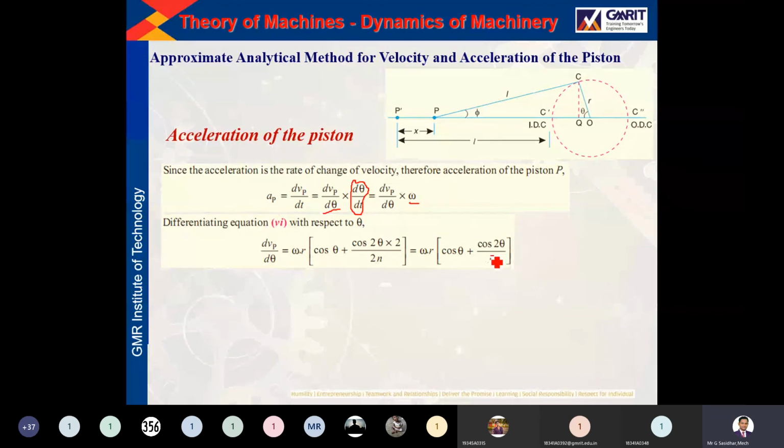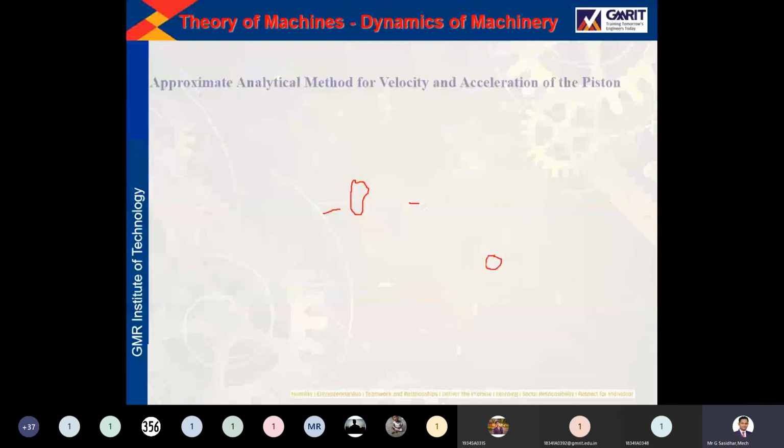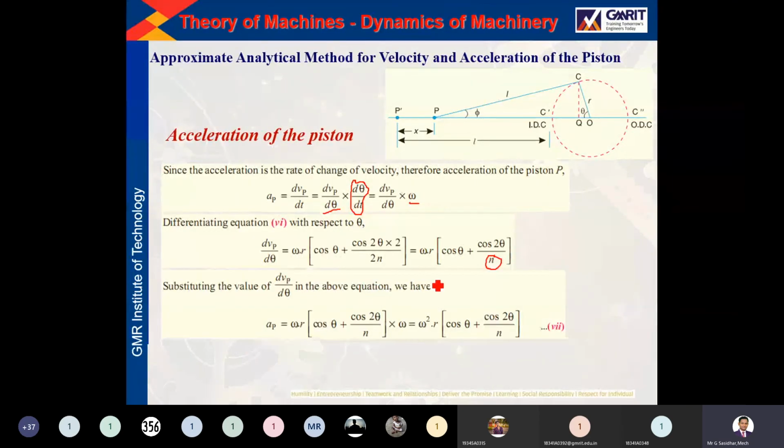Check the difference. Velocity is r omega times sin theta plus sin 2 theta by 2n. Acceleration is r omega cos theta plus cos 2 theta by n only, not 2n. That is the only difference. Now substituting this dvp by d theta in the above equation, I will get r omega square times cos theta plus cos 2 theta by n.